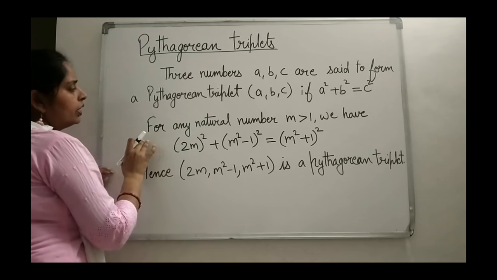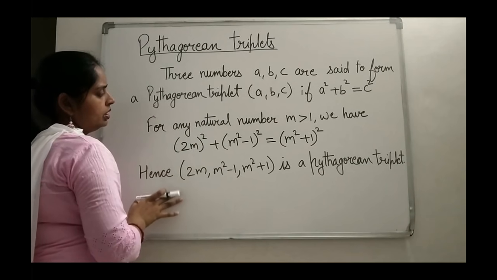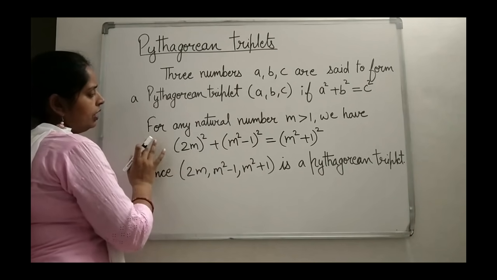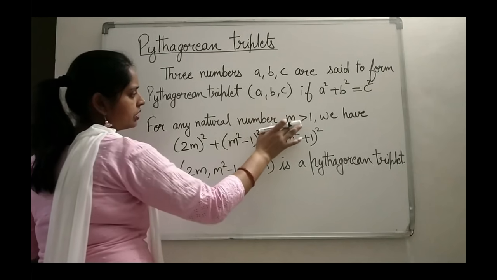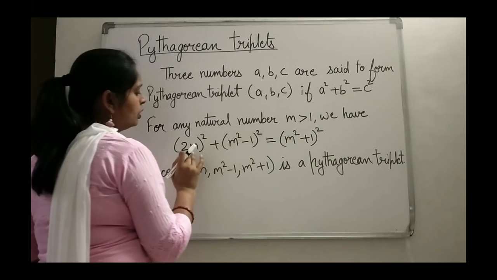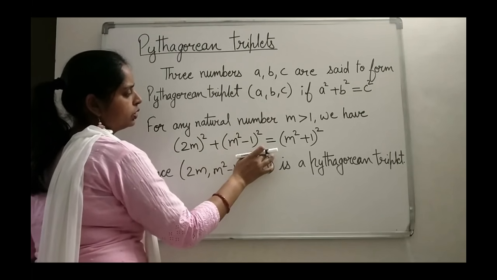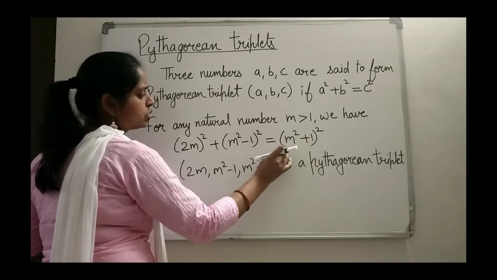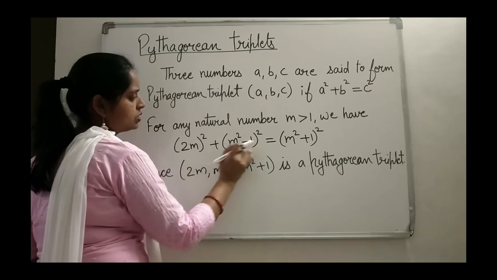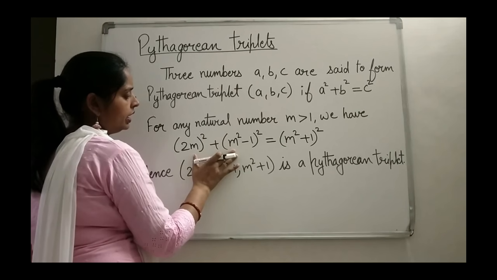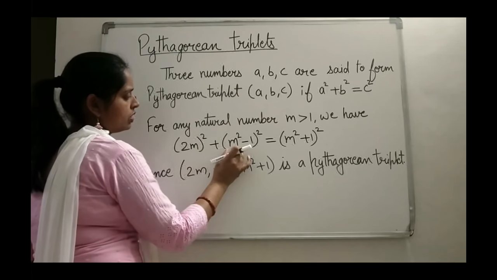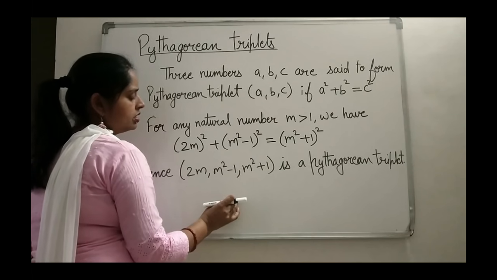Now, see, for any natural number, one system has been identified. For any natural number m greater than 1, we have (2m) square plus (m square minus 1) the whole square is equal to (m square plus 1) the whole square. If you open it up, you will see that these two sides are equal. So the square of this plus the square of this will be equal to the square of this number.